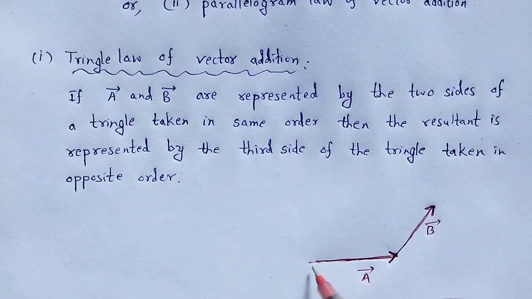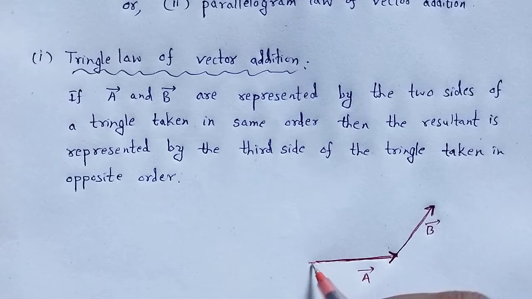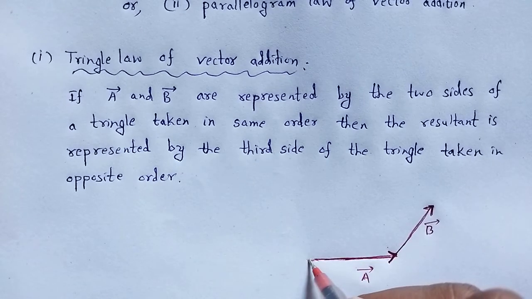Then the resultant of these two vectors is the opposite side, the third side of the triangle taken in opposite order.